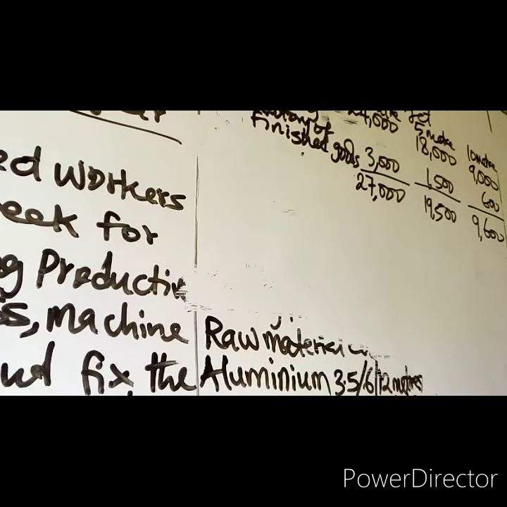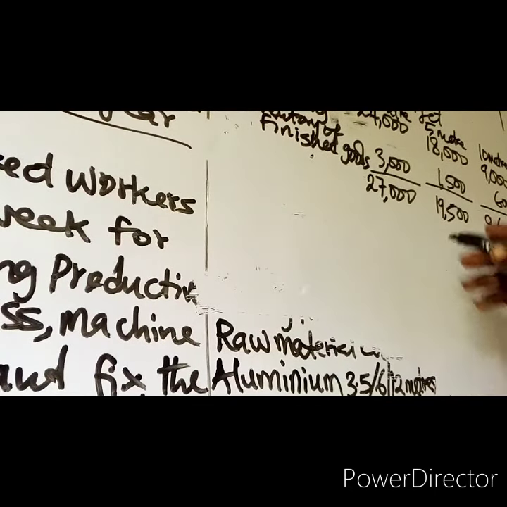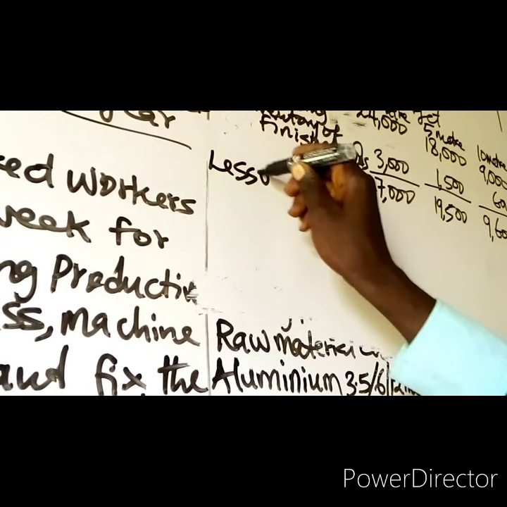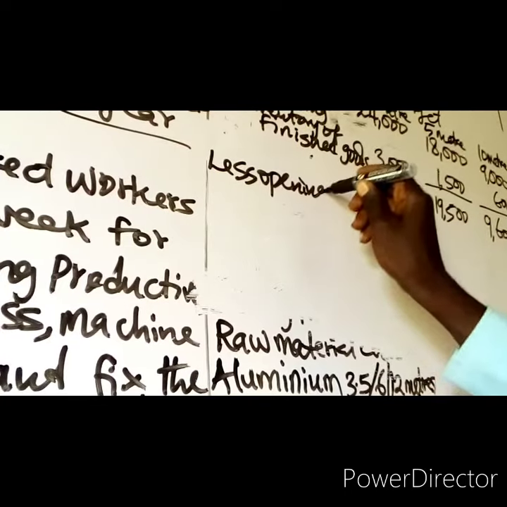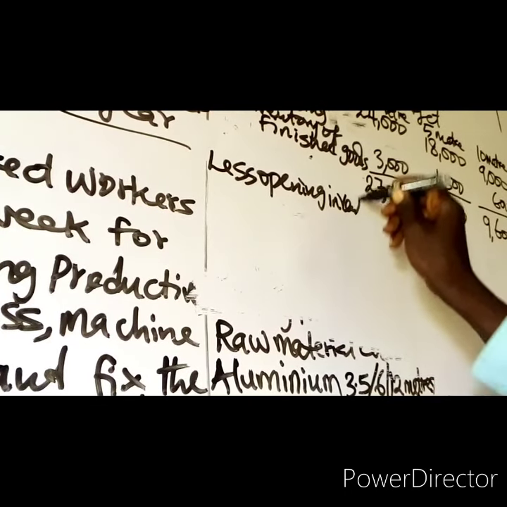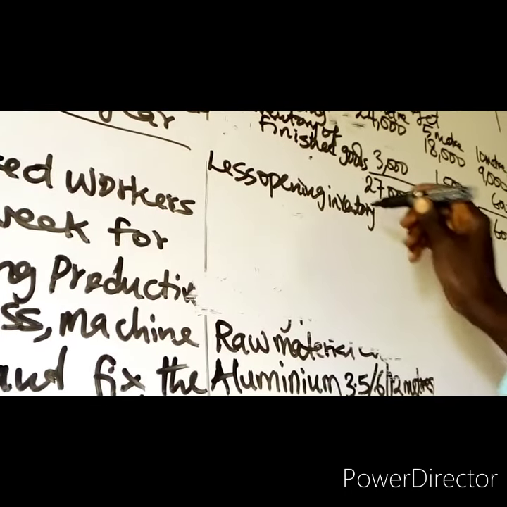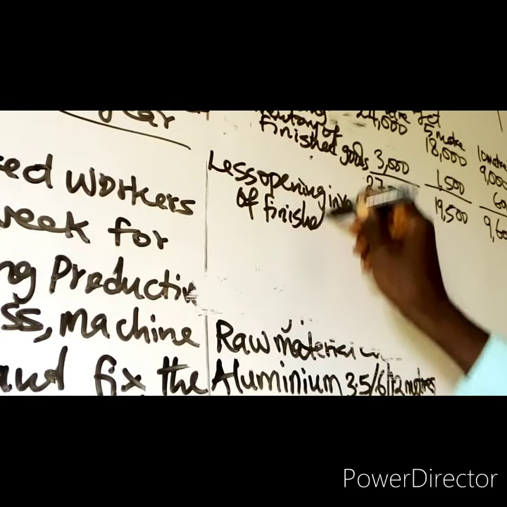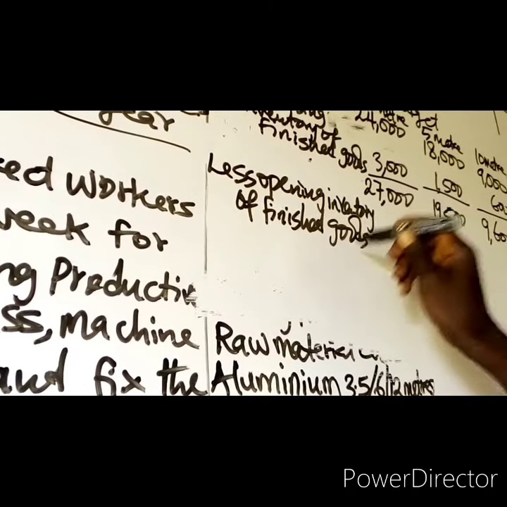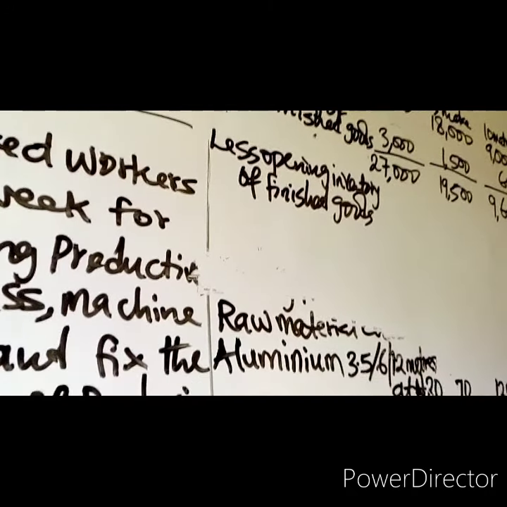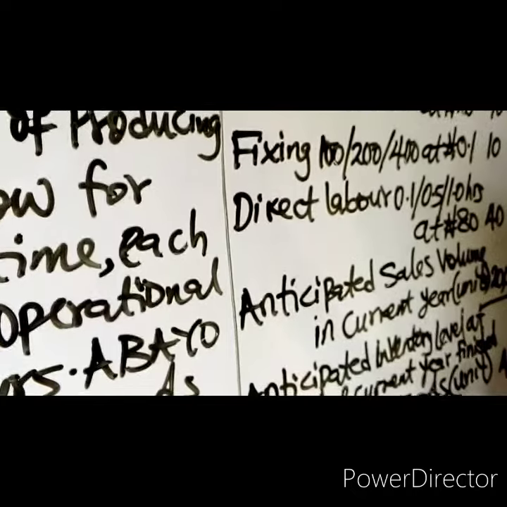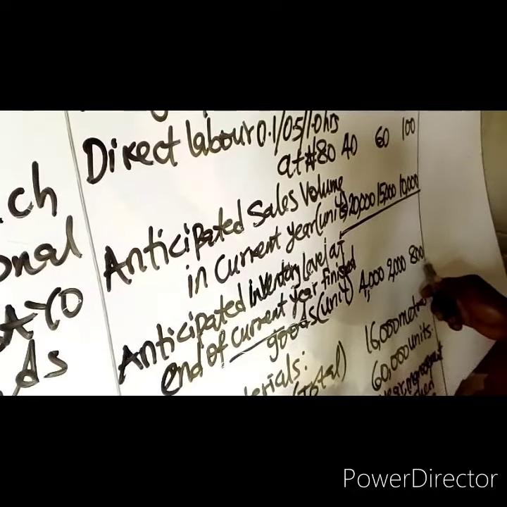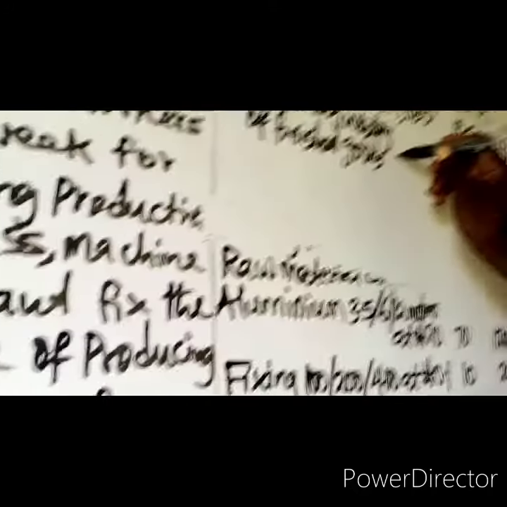From this you less the opening inventory of finished goods, which is given to be 4,000, 2,000 and 800.